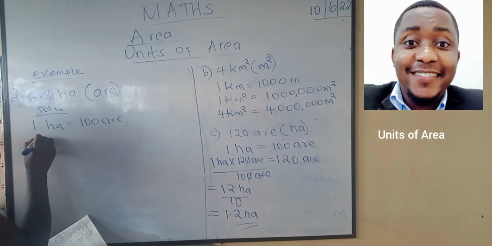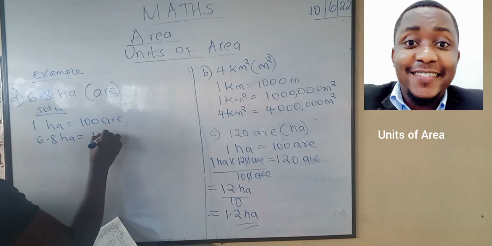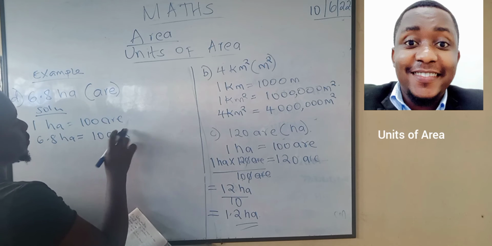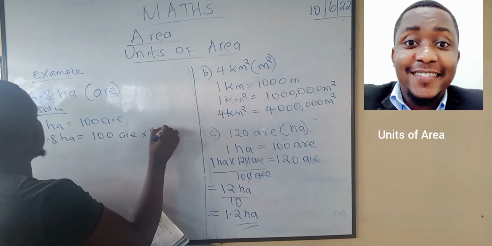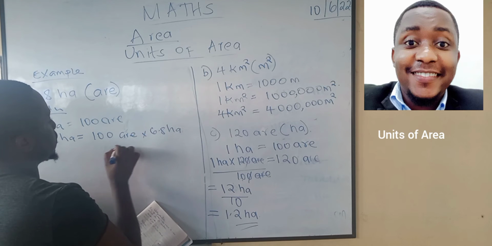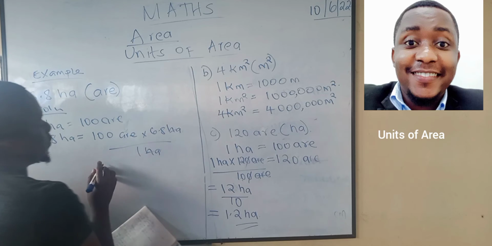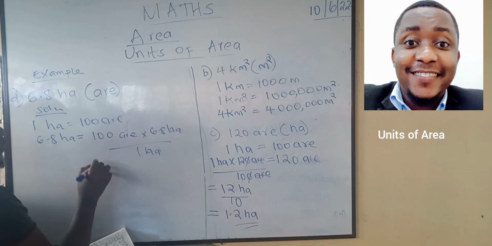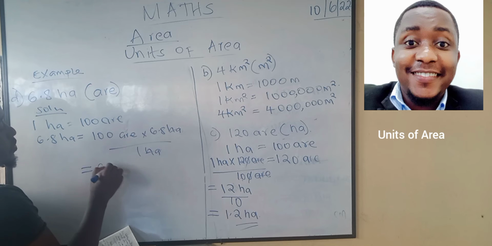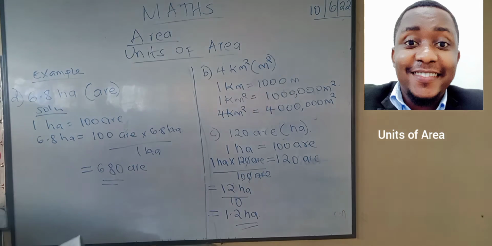So, what about 6.8 hectares? That means that you'll have 100 acres times 6.8 hectares over 1 hectare. Now multiplying this, 6.8 times 100 will be 680 acres.